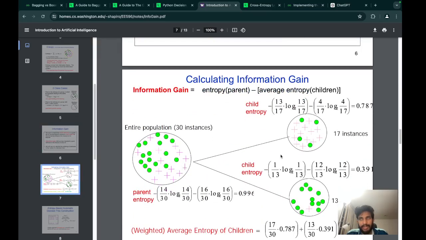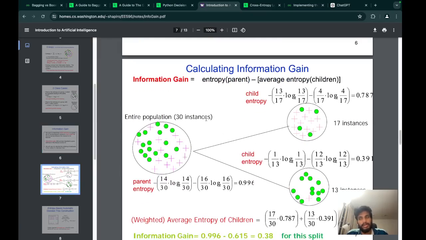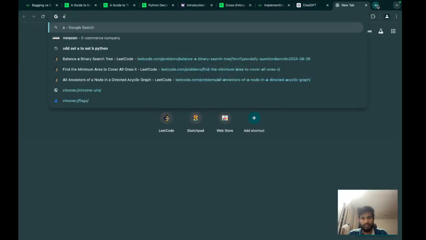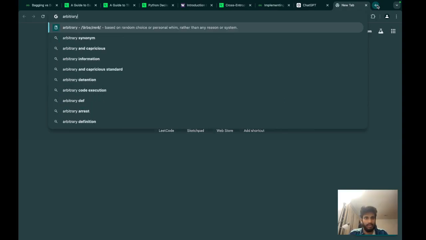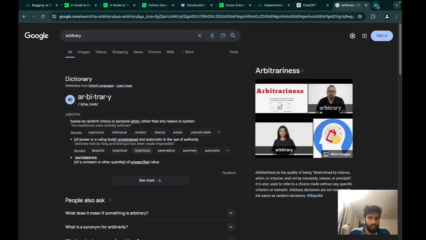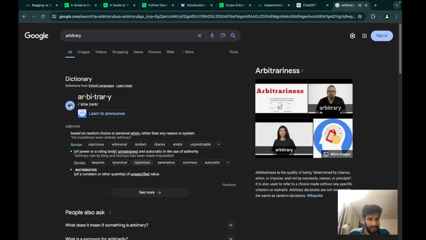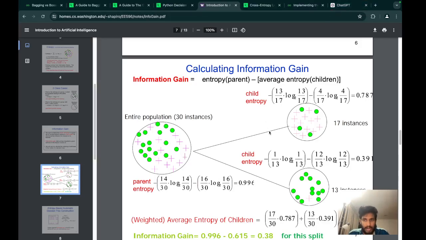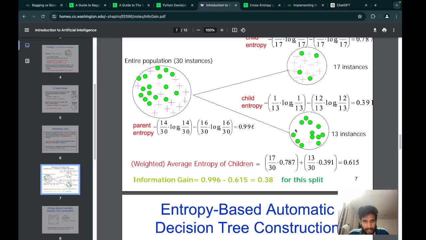I think this is a little arbitrary. Arbitrary, like the split is arbitrary.